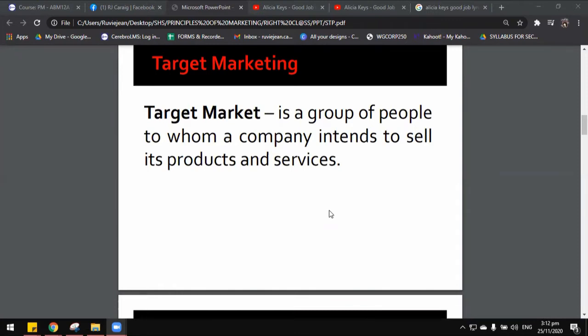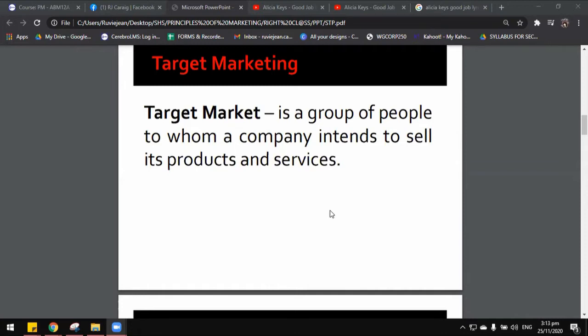Okay, so based from our definition, we already were able to identify yung importance ng looking for our target market. Sabi nga natin, di ba, target market, ito yung group ng people na gusto nating ibenta yung ating products and services. Sila yung primary recipient ng ating marketing efforts.